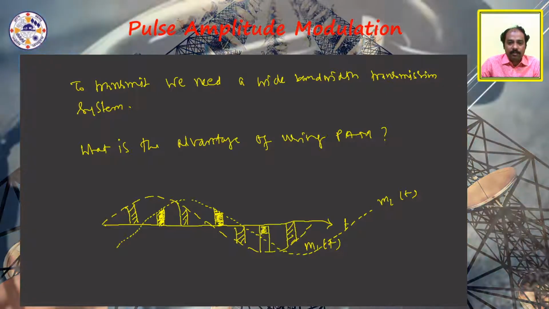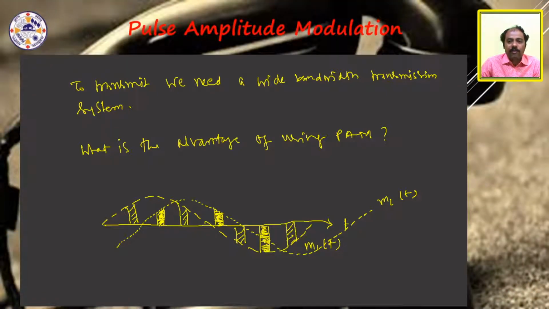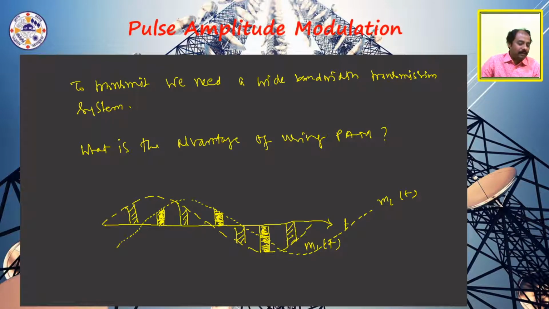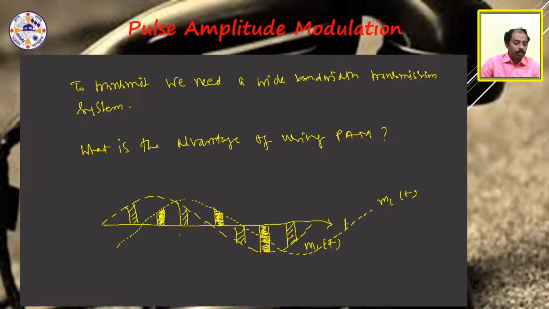What you can see from these two, from this graph, clear? You can see that the pulse modulation allows pulses carrying different modulating signals to be interleaved in time.